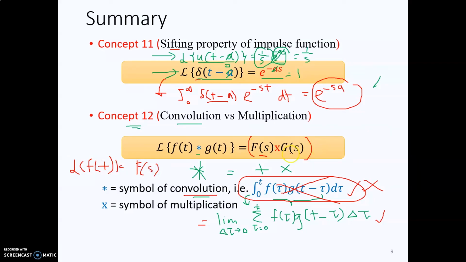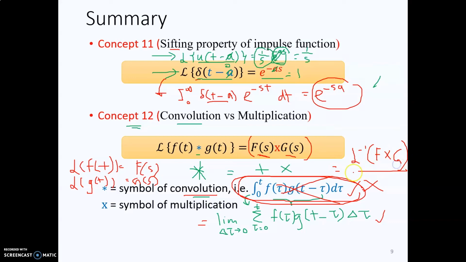To obtain G(s) here, you perform the Laplace transform for g(t), then you obtain G(s), and you multiply them together. In order to obtain this answer, it will be equal to the inverse Laplace transform of your capital F(s) here multiplied with your capital G(s) here.